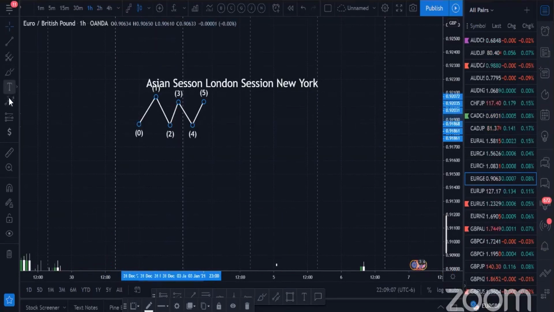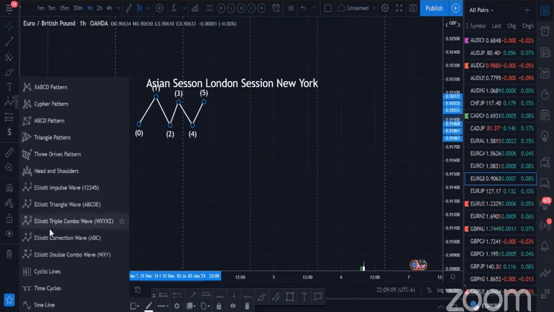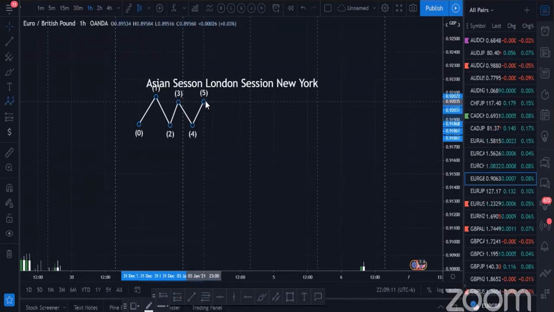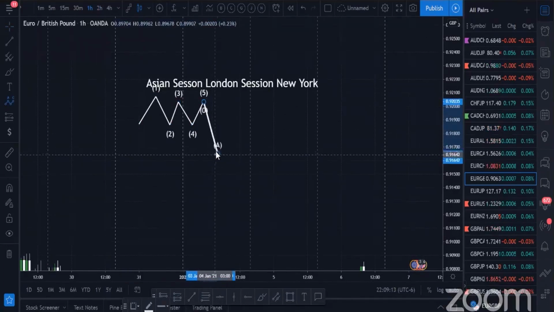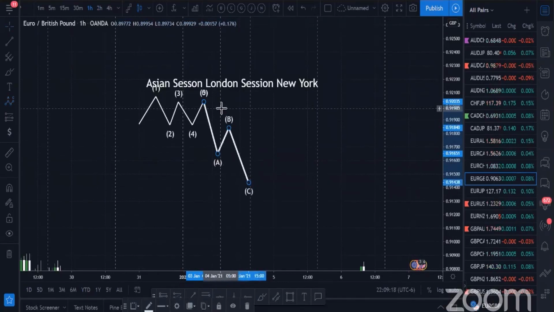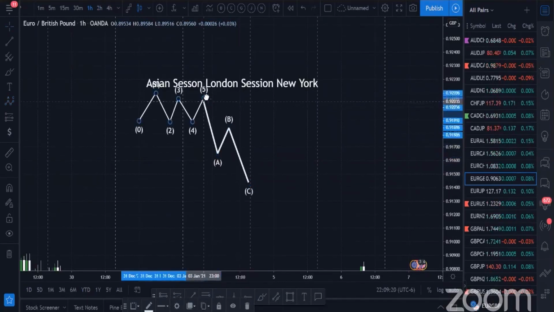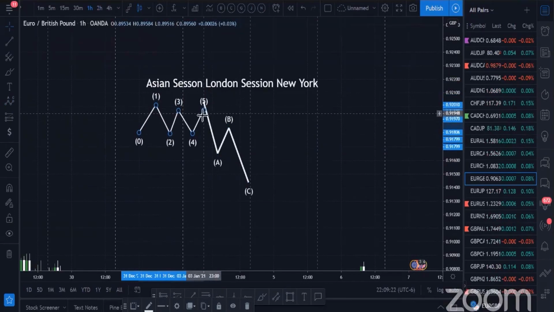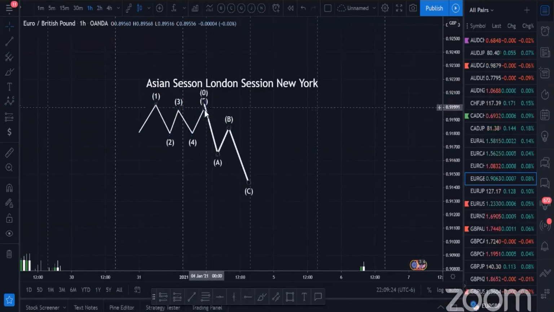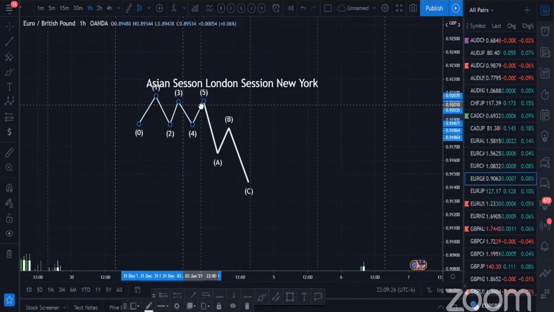Then during London session, there's usually a breakout out of that consolidation and a continuation. You may have a little bit of a stop hunt where it goes up a little bit, but for the most part, it's breaking out of that consolidation and going in the direction that it's going to go for that session.